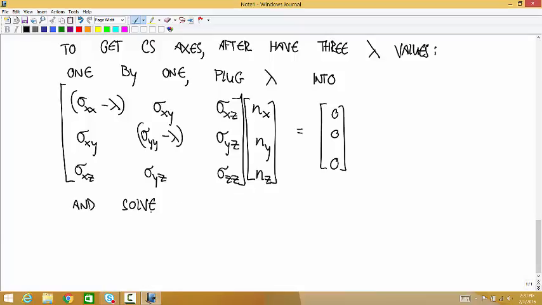And solve for the unit normal vector corresponding to that lambda value.